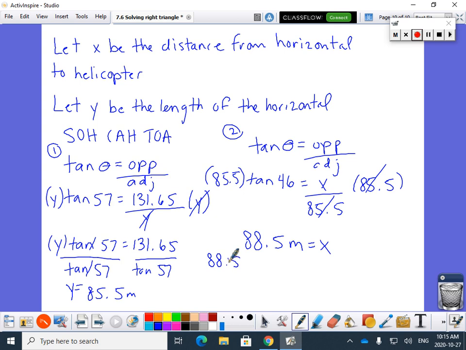88.5 meters plus 131.65 gives us 220.15 meters. Therefore, the ladder can't save him.